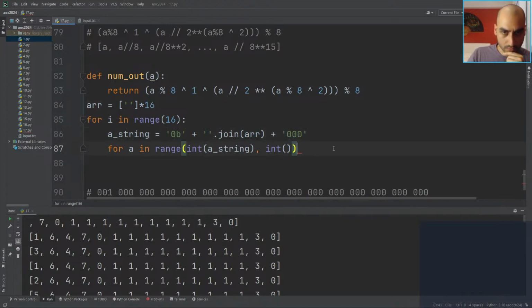Okay, so we range from 0, 0, 0 to that plus 8.